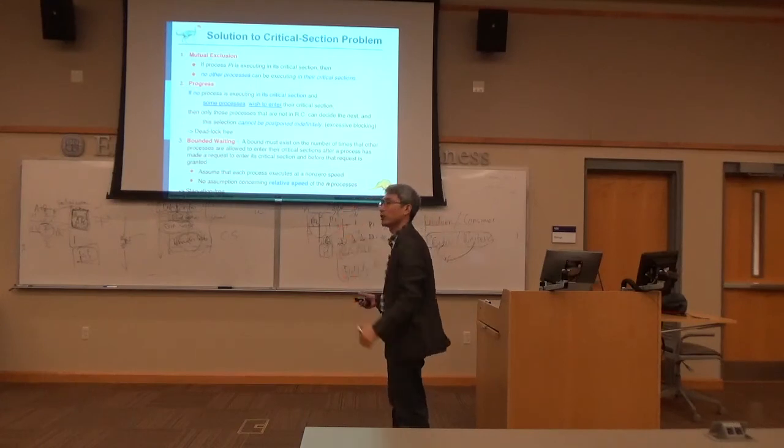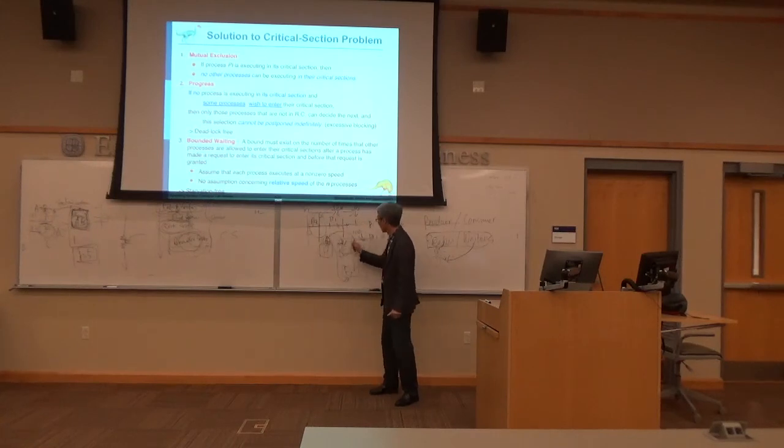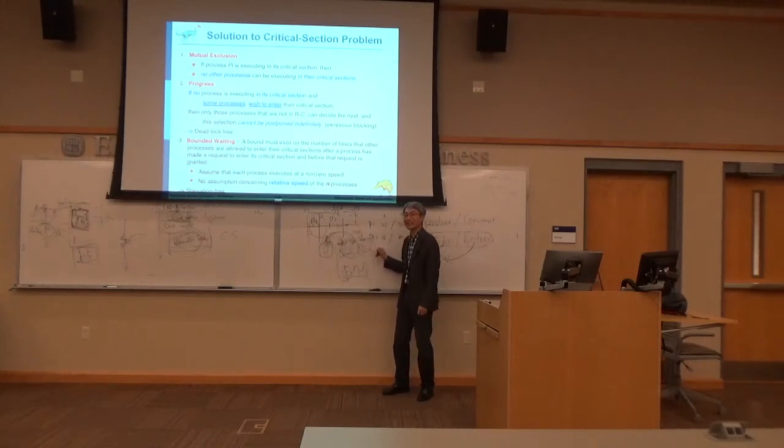Bounded means, for example, B, C, and A are very close to each other, so they give the key to each other, and D never gets the chance. It's not fair, right?